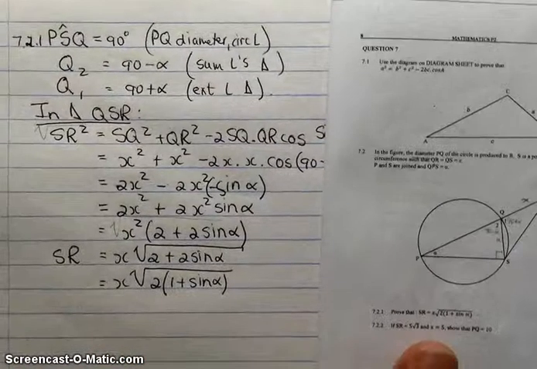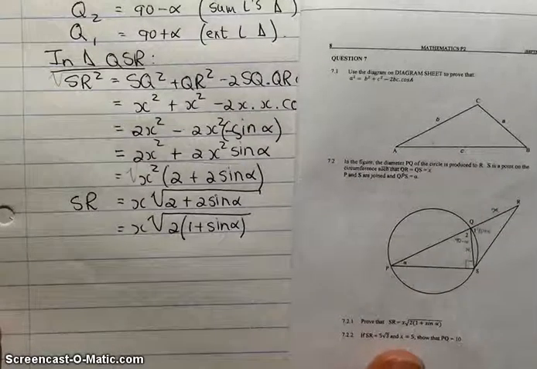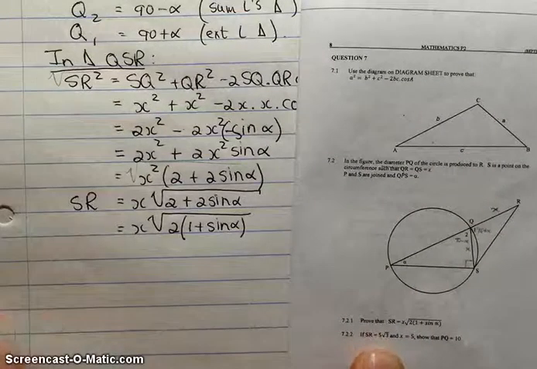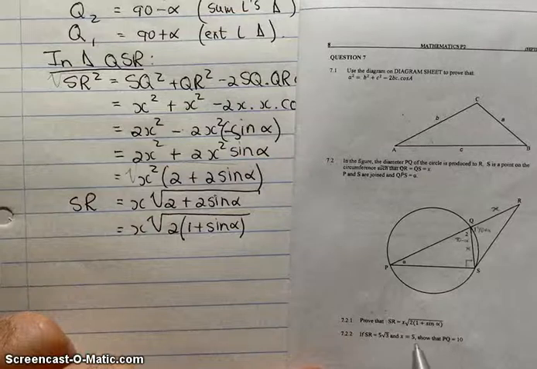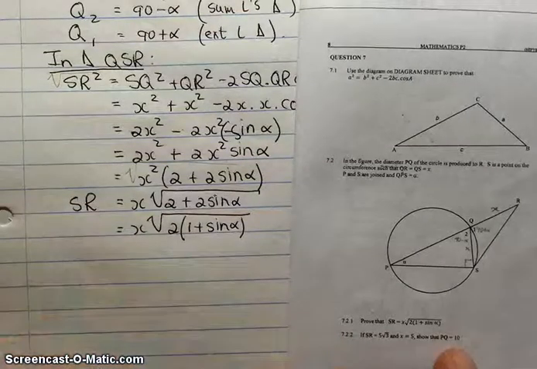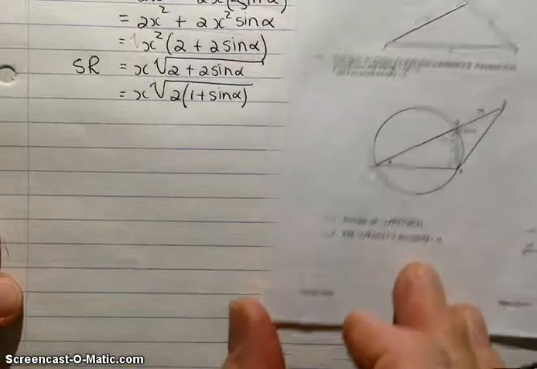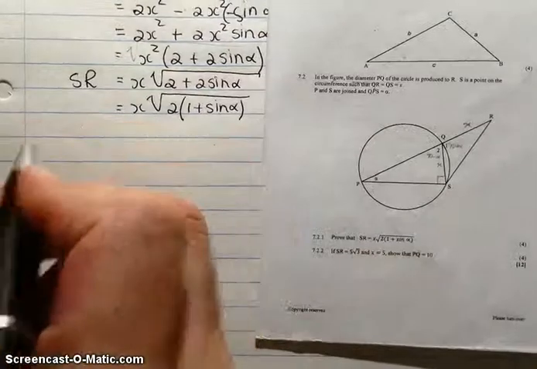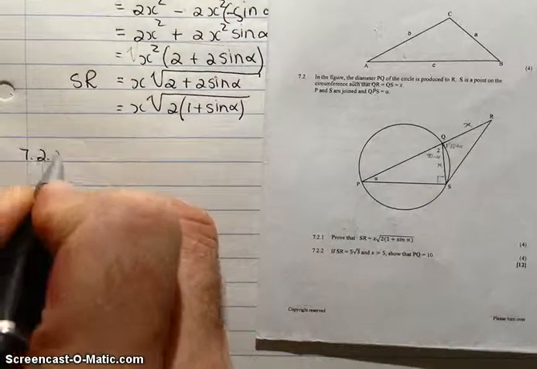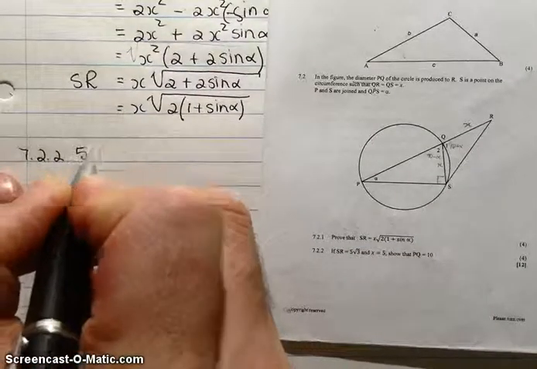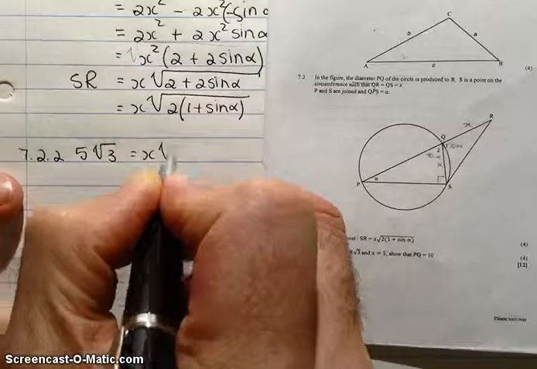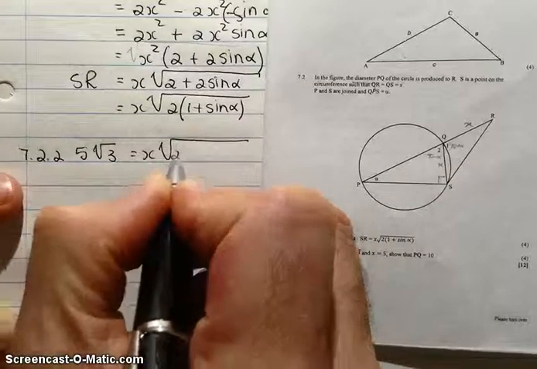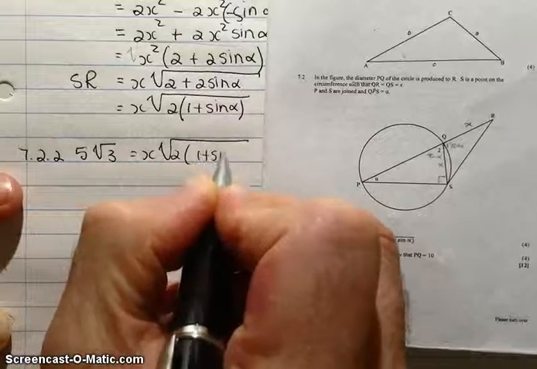Then 7.2.2, if SR is now given as 5 root 3 and x equals 5, show that PQ equals 10. Okay, so SR is 5 root 3, and that is still equal to x root 2 times root of 1 plus sine alpha.